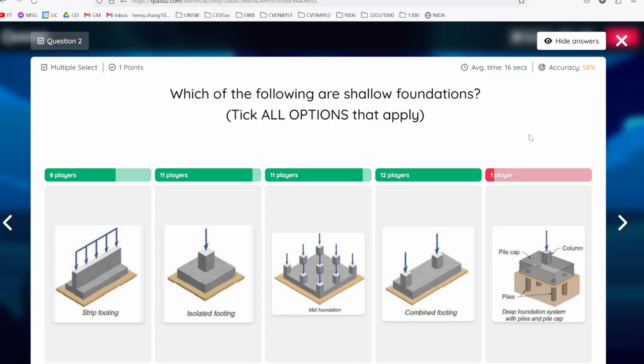Yeah. What else is there to talk about? I mean, the majority of foundations, I think all foundations for buildings or structures are going to be made out of concrete. And the reason for that is because concrete is a very durable material. It doesn't rust like steel, it doesn't rot like timber.